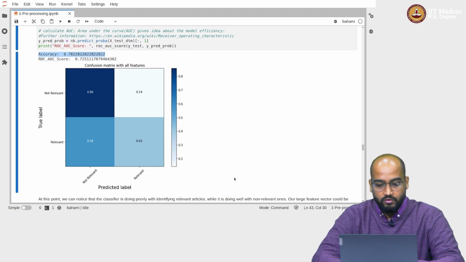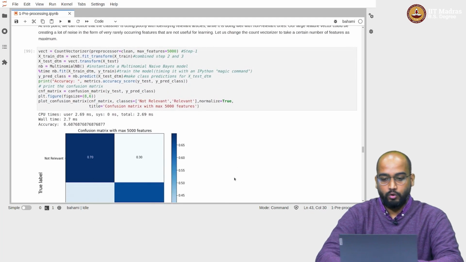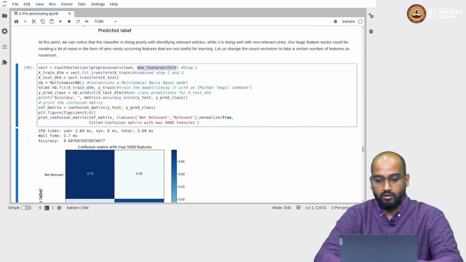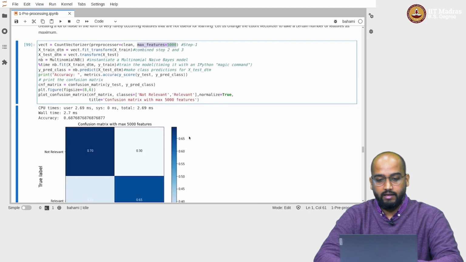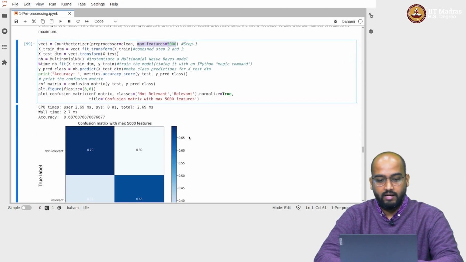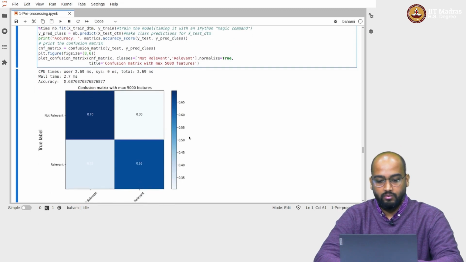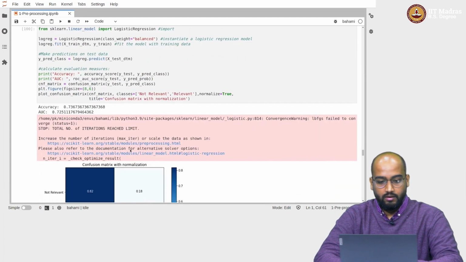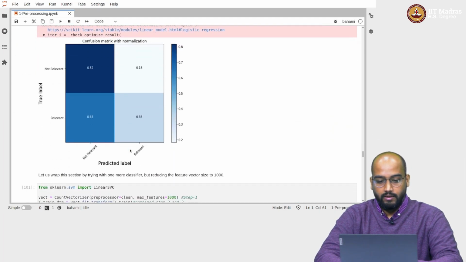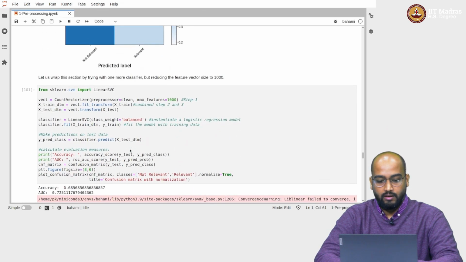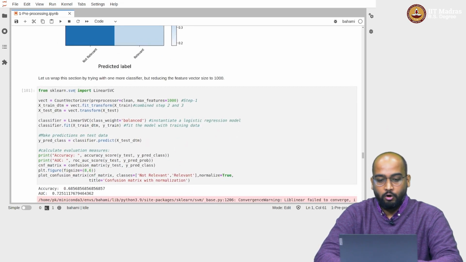What follows after this is a few more variations where you can limit the number of features in your bag of words representation, and you can do the same analysis again. You can see that the performance changes a bit. Here is where we can play around with different models.